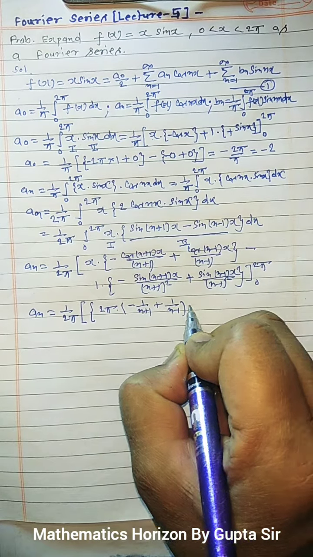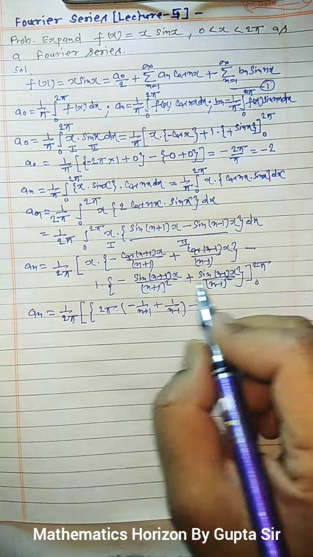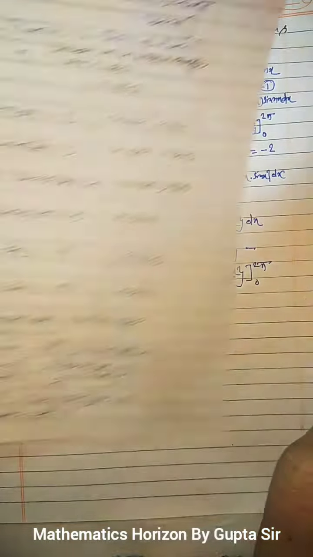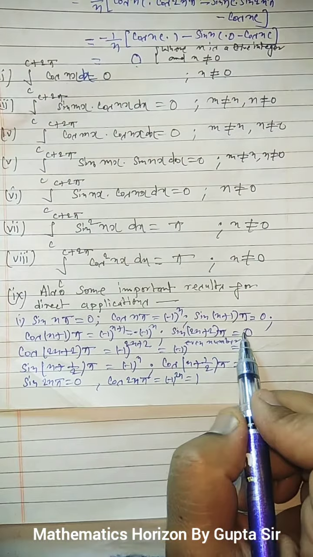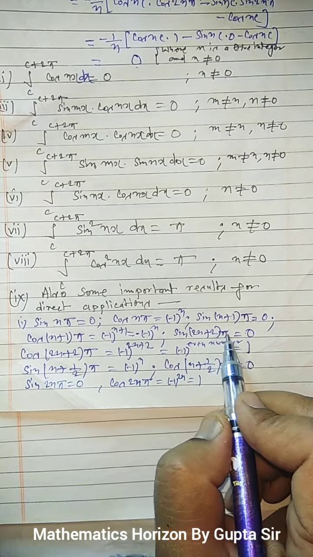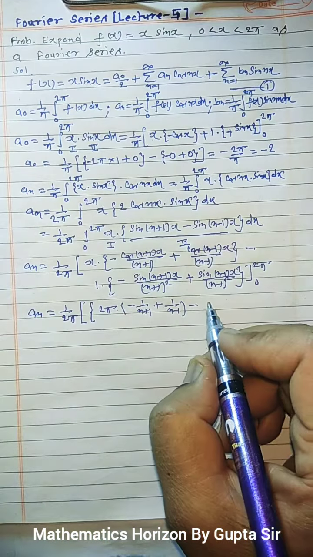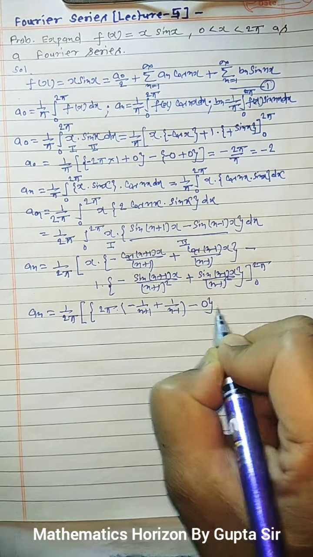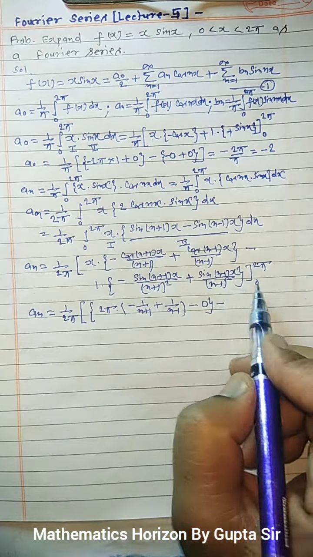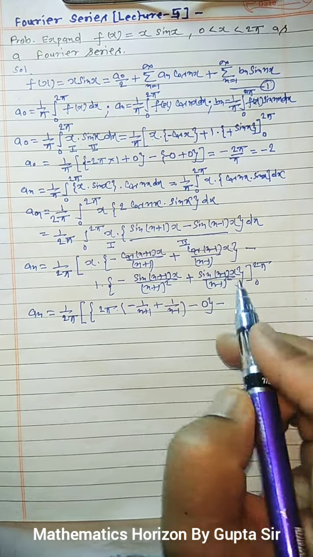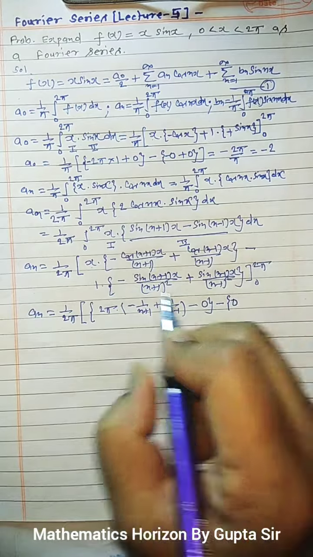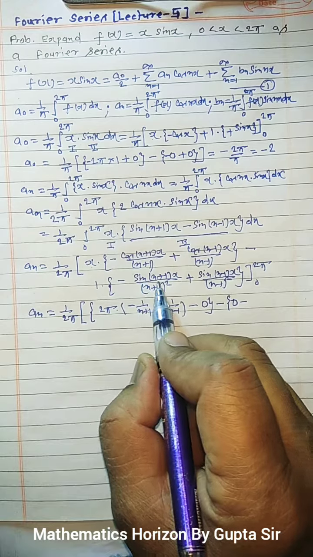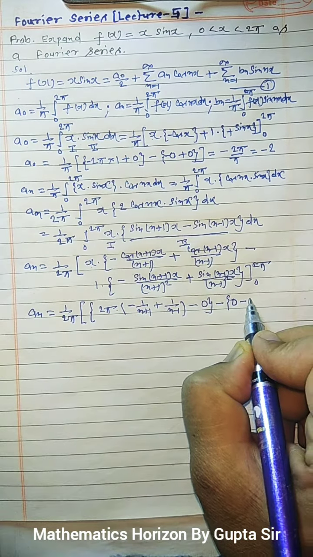Minus, when we put x equal to 2 pi, then sin (2n plus 2)pi and sin (2n minus 2)pi. Sin (2n plus 2)pi is equal to 0, and similarly sin (2n minus 2)pi is also 0, and so the second term will be 0. Minus the lower limit, when we put x equal to 0, 0 into this whole is 0, minus, when we put x equal to 0, minus sin 0 plus sin 0, again this is 0.